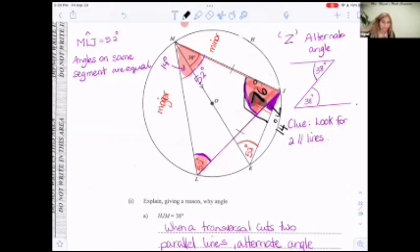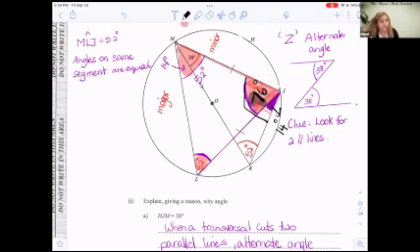So sometimes we have to look for clues. One clue is two parallel lines. That will indicate it is a transversal and alternate angles are formed. Another clue is to look for the diameter. When we spot the diameter, we know the angle in a semicircle is 90 degrees.